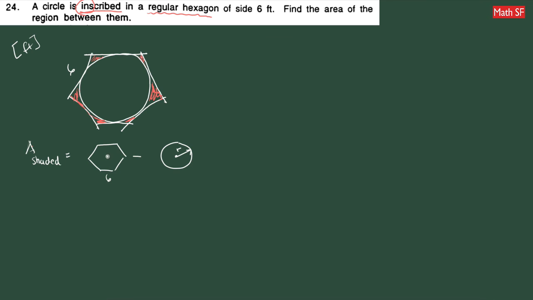But recall, from the previous chapter, the area of a regular polygon, in this case this hexagon, is one half the apothem times the perimeter. So this is going to turn out to be one problem like the previous chapter that we worked on.